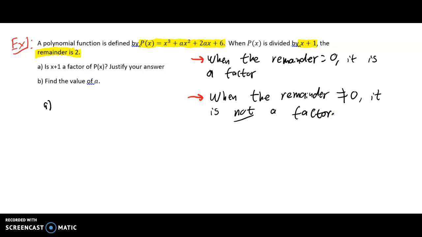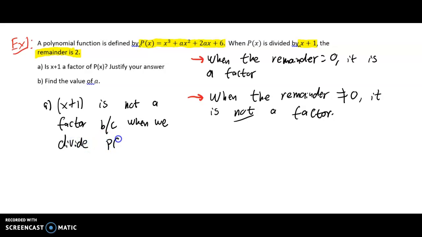So we're going to utilize these to craft our explanation for part A. So we're going to write x plus 1 is not a factor, because when we divide p of x by x plus 1, the remainder is 2.